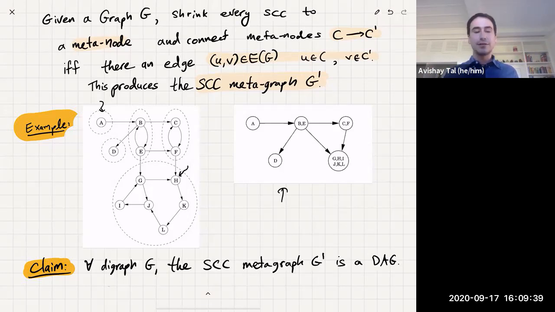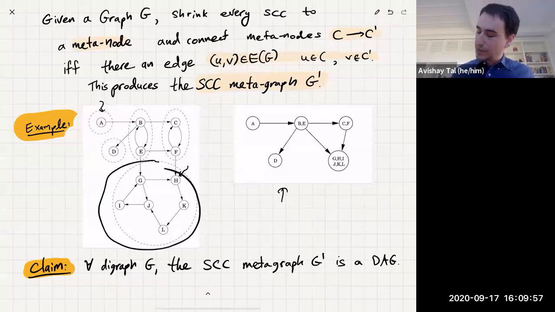A DFS from H is very good for us. So how can we find a vertex that for sure is in one of the sinks of the metagraph? If we can find it, then that would be great, because we can figure out that this is a strongly connected component, remove it from the graph, and then continue recursively.